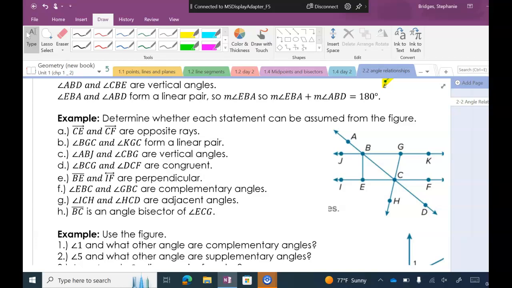We can't assume perpendicular lines unless I have a marking. We can't assume congruent angles unless I have a marking or unless they're vertical. So we're just answering A through H, yes or no. Everybody needs to be working on those right now. Yes, I can assume it based on the picture. No, I cannot.